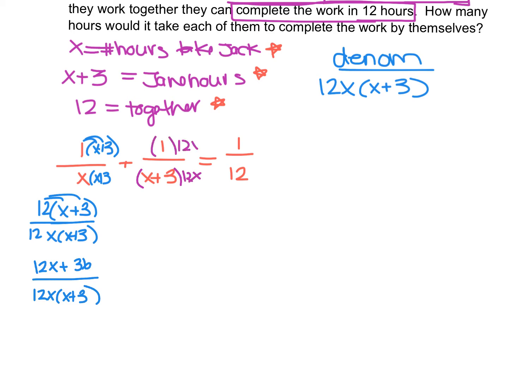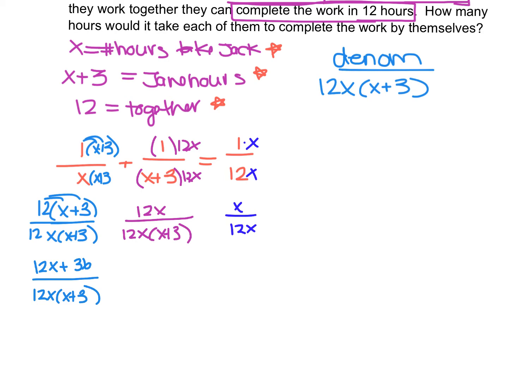So here we have a 12X in our numerator, and then we have 12X times X plus 3 in our denominator. Now this last one's going to take a little bit more work here. So here I need to multiply the 12 by X, which is pretty easy to do at first. So I'm going to multiply the numerator by X. So I end up with X over 12X.